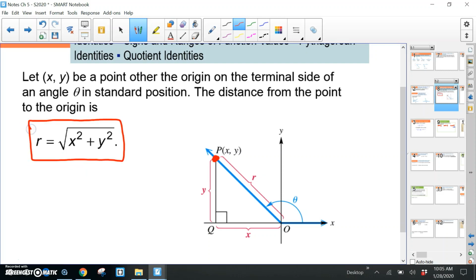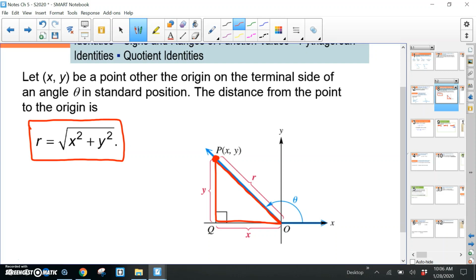Now, if you really dig deep and think about it, this is basically the Pythagorean theorem. The point (x, y) has formed this triangle with the origin, and that side r happens to be the hypotenuse of that right triangle.